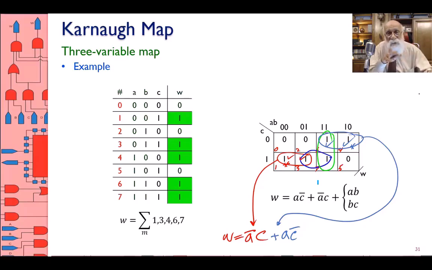So choosing these prime implicants, it doesn't matter which one you pick, because both of them are covering one remaining uncovered min term, and therefore I can write my function as either A C bar ORed with AC ORed with AB. That's one way of writing it.